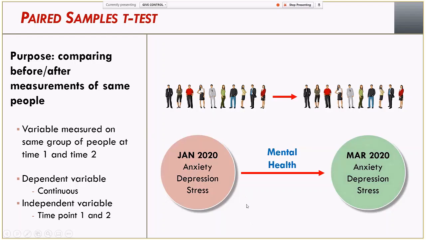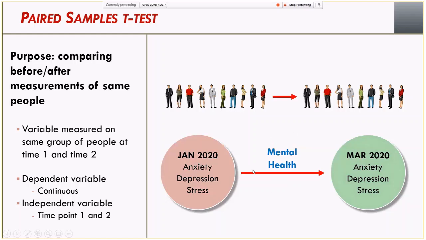So let's say that we assess their level of anxiety, depression, and stress in January, when this world was a much more predictable place, and we assess their levels of anxiety, depression, and stress in March, when the world is crumbling down. And in the meantime, let's say that we had some sort of mental health intervention of some kind. Let's say these are just really stressed out people, really stressed out with their work.